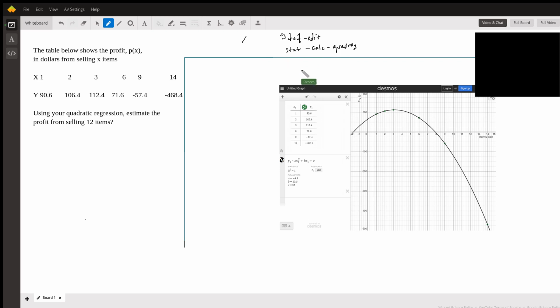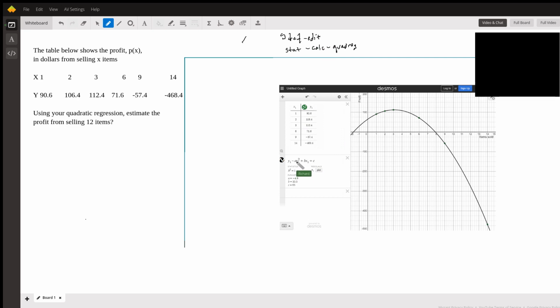It's perfectly fine to do it on your Texas Instruments calculator or whatever other calculator you're using, but it's a lot easier when I'm tutoring online like this to do it with Desmos first. So I took these data points and put them into Desmos, which is just the way you would do it using stat edit on the Texas Instruments. And then the calculator comes out.